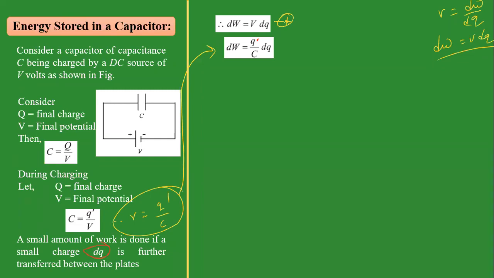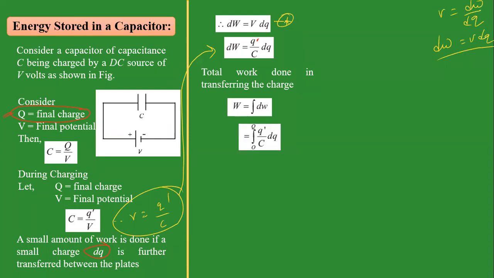We have to find the total work done to add a charge Q, because the final charge is Q, so from 0 to capital Q. The total work done in transferring the charge is given by the integration of dW within the limit 0 to Q. Substituting dW, we get the integration from 0 to Q of q dash by C into dq.